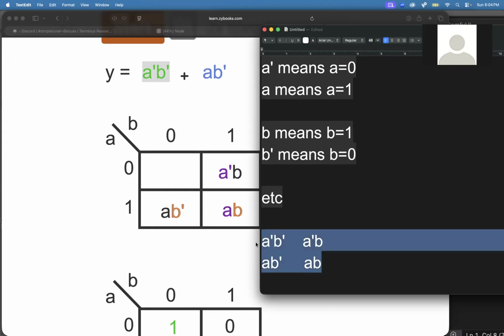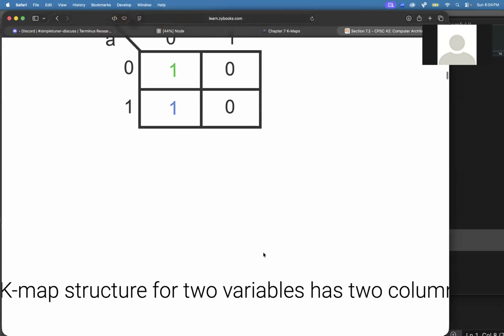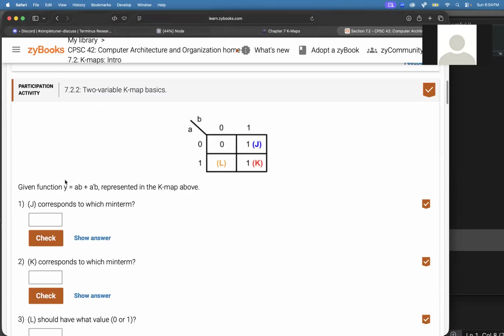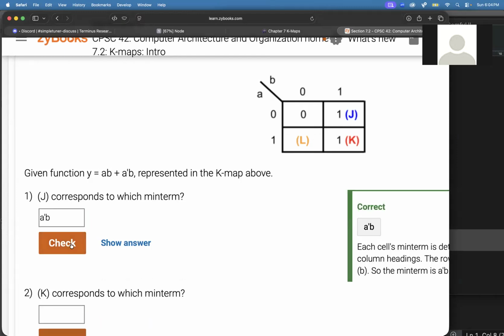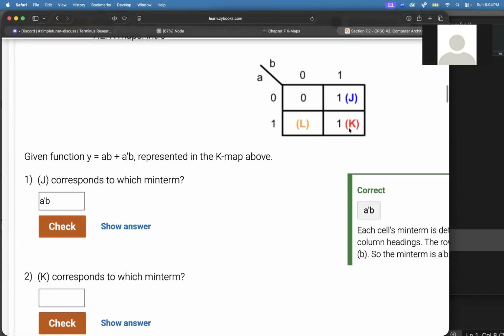So the four boxes are those. When they say J corresponds to which minterm, J is top right. So top right is A0, which is not A, and B is 1, so that's B. They just want to know the term that the box corresponds to, not whether it is 0 or 1. Same thing for K. The K box down here is A equals 1, B equals 1, which is AB.